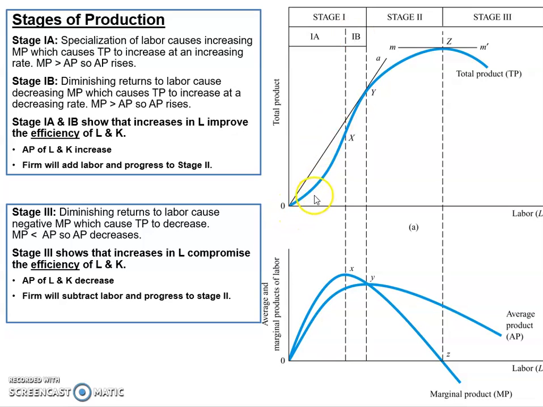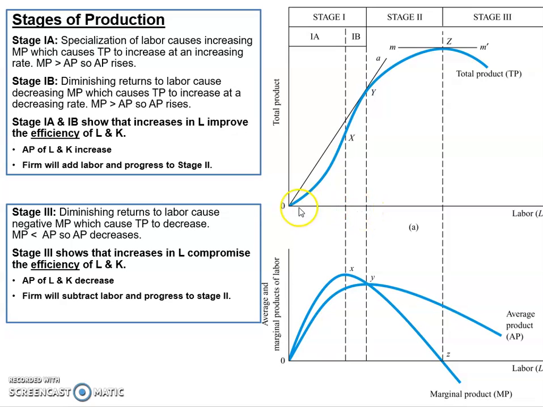Because total product is increasing throughout stages 1A and 1B, the average product of capital must be going up. Look, if you have 10 machines in your business, and as you proceed through stage 1A and B, your total output is increasing, the average product of those machines is going up. Each machine is becoming more productive because you have increasing total product.